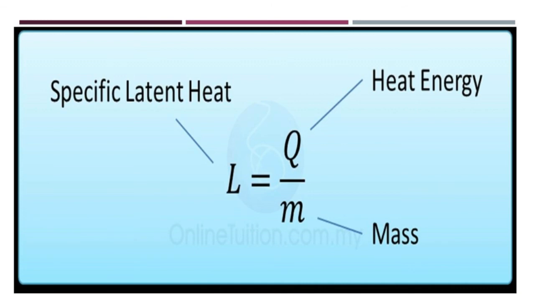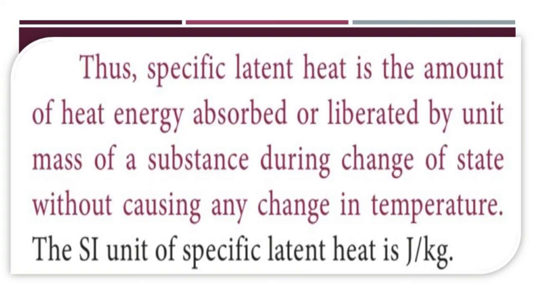Phases means solid, liquid and gas, that is, three phases. Thus, specific latent heat is the amount of heat energy absorbed or liberated by unit mass of a substance during change of state without causing any change in temperature. The SI unit of specific latent heat is joule per kilogram.